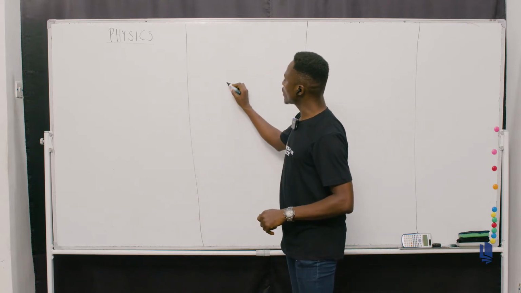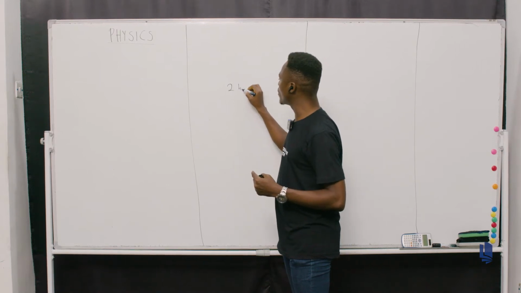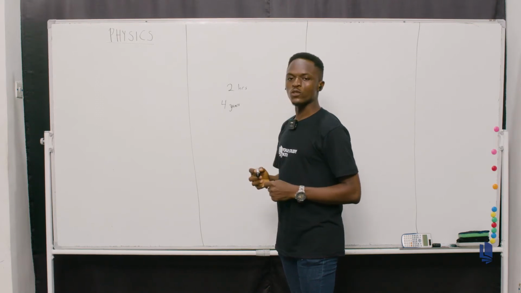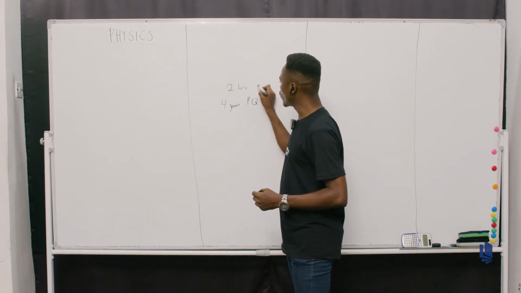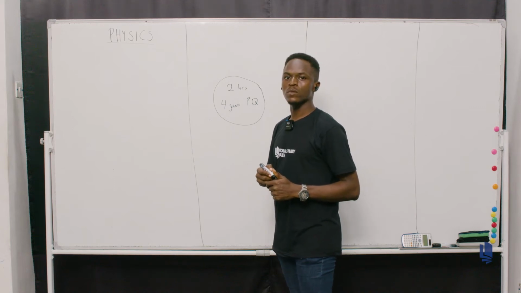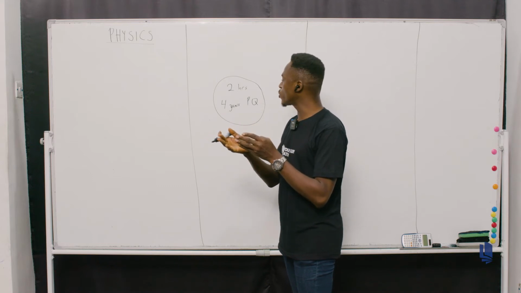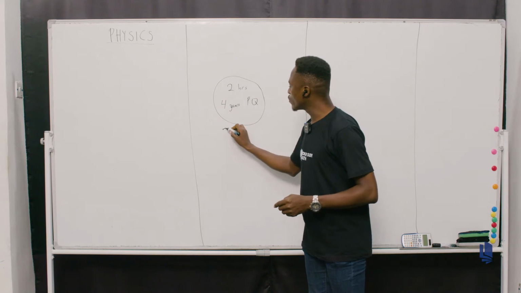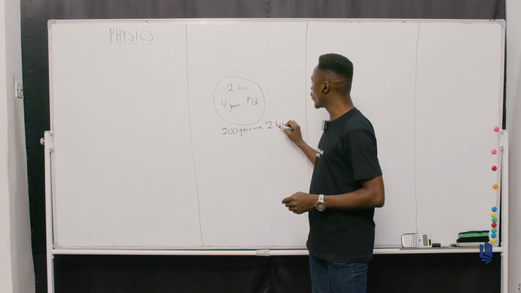Quickly, take your past question out, set yourself a 2-hour time frame, then pick 4 years of your choice from your past question. You are to answer 4 years of past questions within 2 hours. Doing this would condition you to understand that you are answering 200 questions in 2 hours.